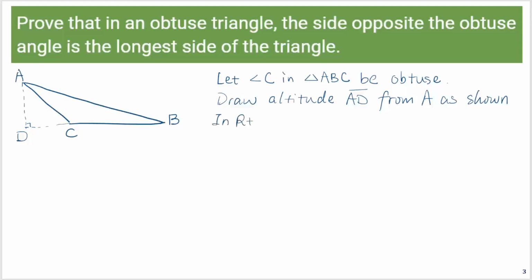In right triangle ABD, we have AB must be greater than BD, right? We have already proved this because in the right triangle, the hypotenuse is the longest one. From the diagram, we also have BD is longer than BC, right?